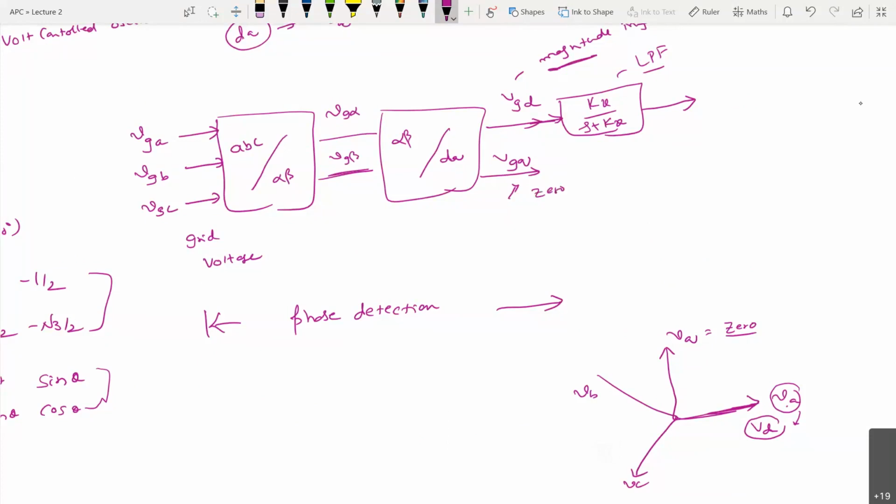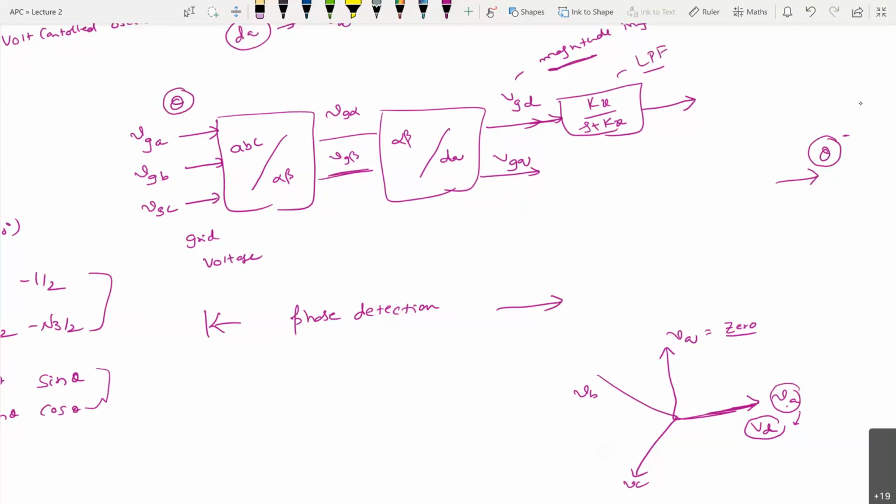If this has some output voltage, some frequency and some theta, and both thetas are equal, this will give you the amplitude and this will be exactly 0. But practically, they are different, and some minute difference will exist.